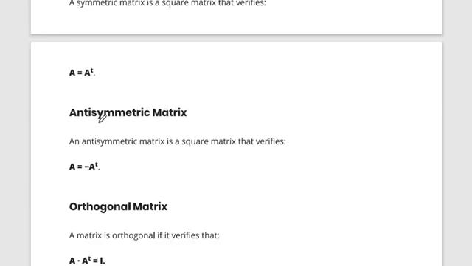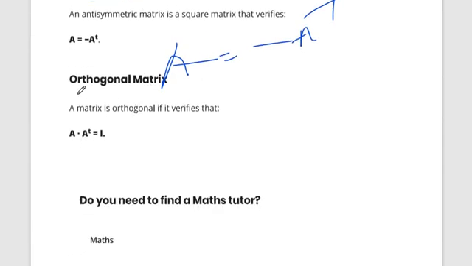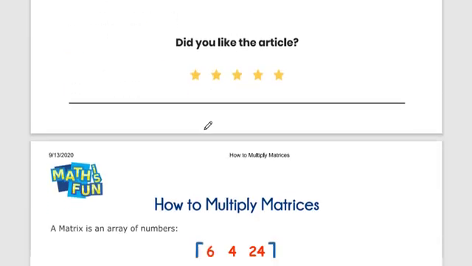Symmetric matrix we already talked about. Anti-symmetric means A is equal to minus A transpose. Orthogonal: if we multiply A and its transpose, and we get the identity matrix, then this type of matrix is called orthogonal.